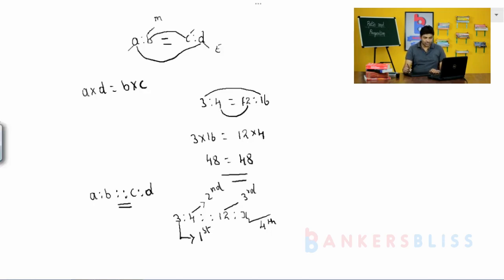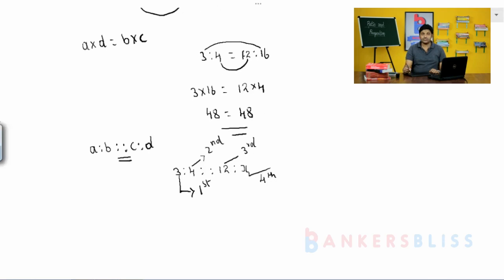Next concept is mean proportion. Mean proportion means the mean values of the two ratios are equal, that is, A is to B is equal to B is to C. C is called the third proportion, B is called the second proportion and A is called the first proportion.